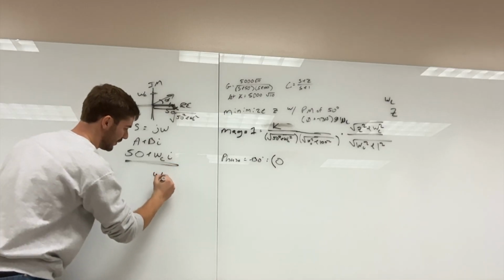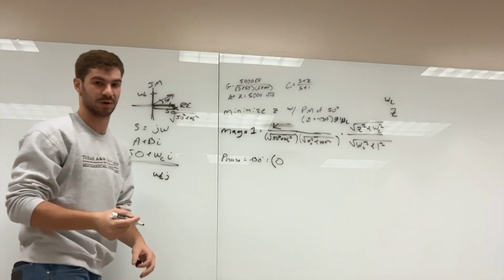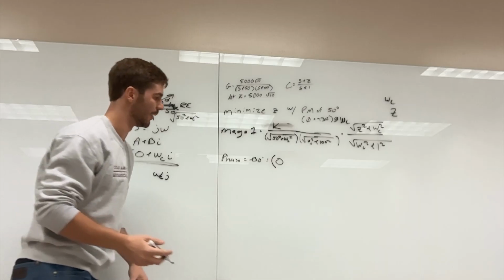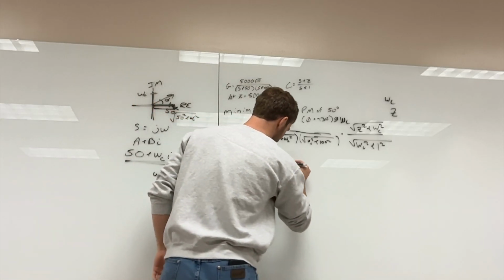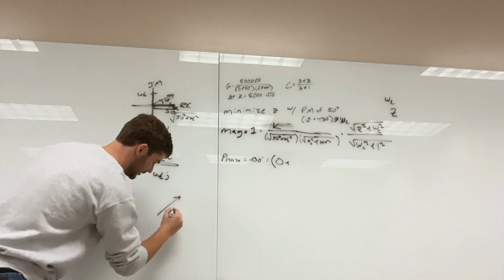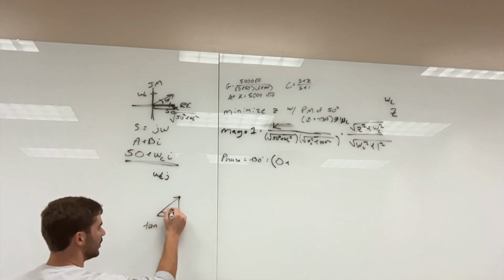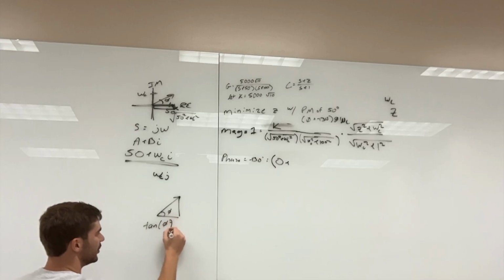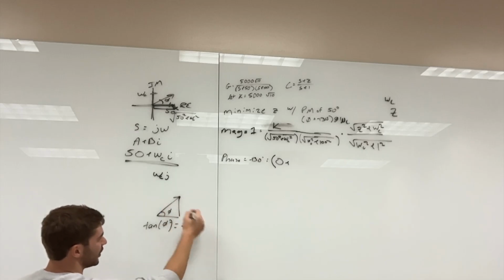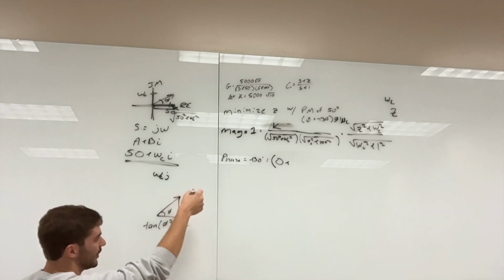Remember, s is equal to omega c j in this example, because we're at the crossover frequency. If you have a vector like this and you want to know its angle, the tan of this angle is equal to opposite over adjacent.